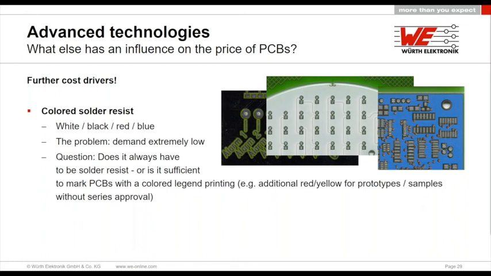So the solder mask is being put onto the manufacturing boards by using the same machine. And this means if we have green on the machine, we have to clean the machine. We have to remove the green solder mask everywhere. We have to place the other solder mask into the machine. We have to do a check in printing. Then we can run the process with the different solder mask.